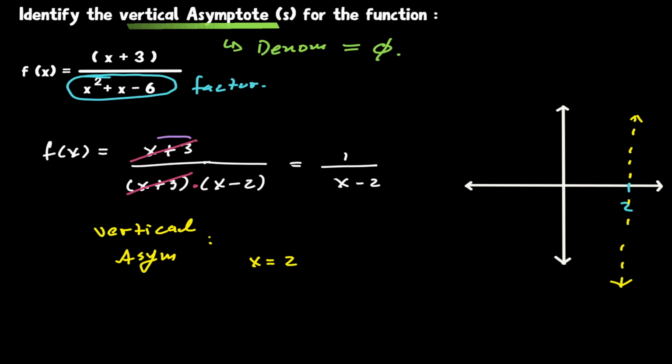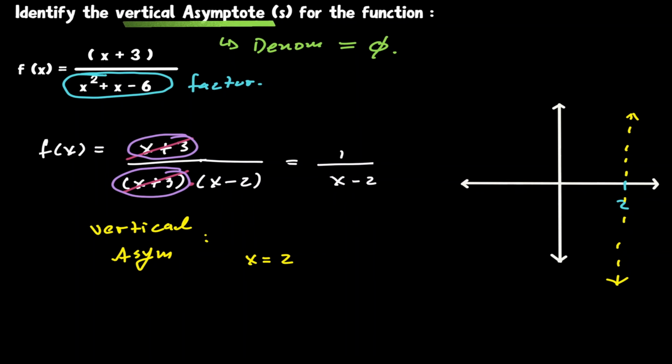So this expression that got canceled out, we will not consider as a vertical asymptote. But we cannot just ignore that we were not able to use the value of x equals negative 3. That was a value that we were not able to use on the original function.